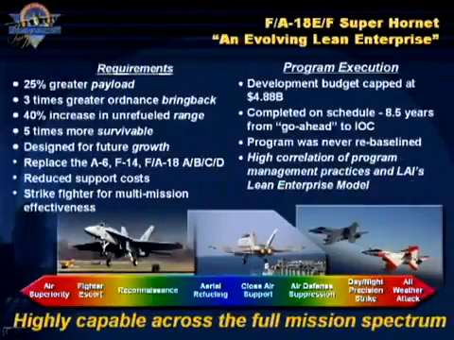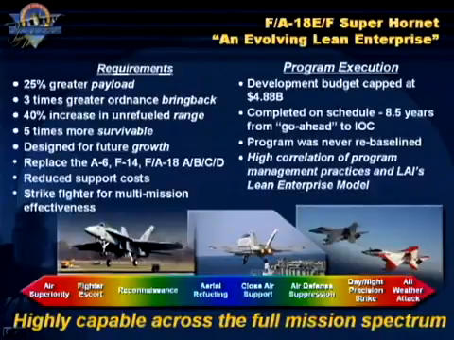The F-18 Super Hornet, huge change in requirements, more payload, 3 times greater ordnance bringback when they land on the carriers, 40% increase in unrefueled range, 5 times more survivable, designed for growth, big change in reduced support costs.